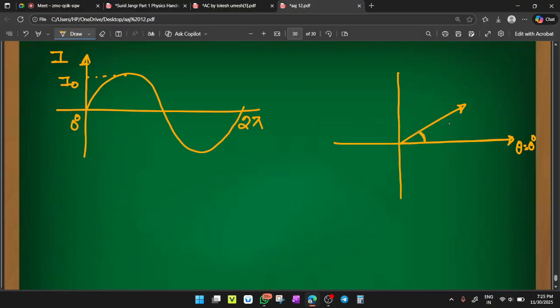After completion of one complete angle, theta equals 360 degrees. So at any angle you can give the amplitude of current. Sorry, I have to make this diagram a bit higher.